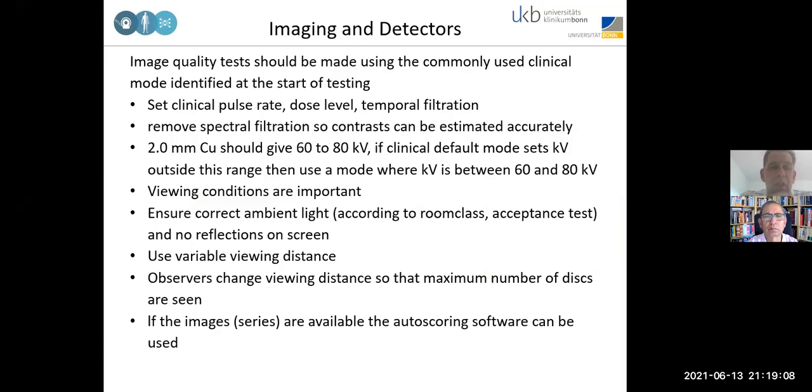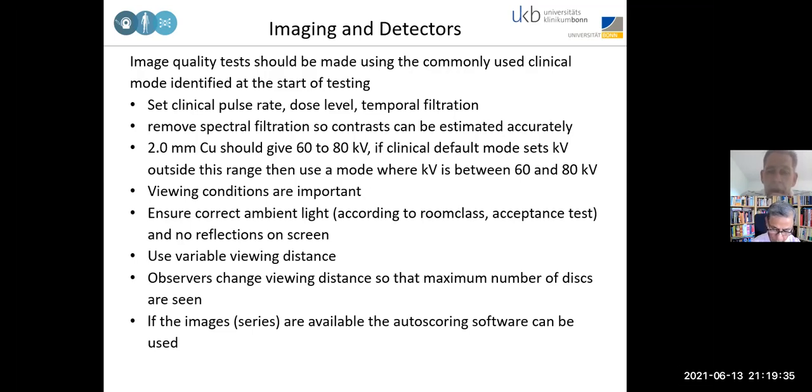That's always what I said ahead. Set the clinical pulse rate, the dose level, and the temporal filtration. This is something you really have to set ahead, otherwise you can't compare your results. Remove the spectral filtration so contrast can be estimated accurately. I would recommend no filtration for image quality, except in the area between 60 and 80 kV, where you should put in 2 millimeters of copper.